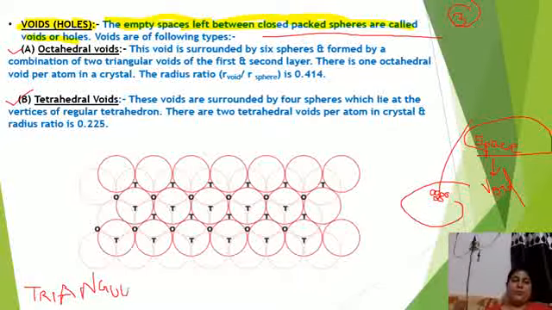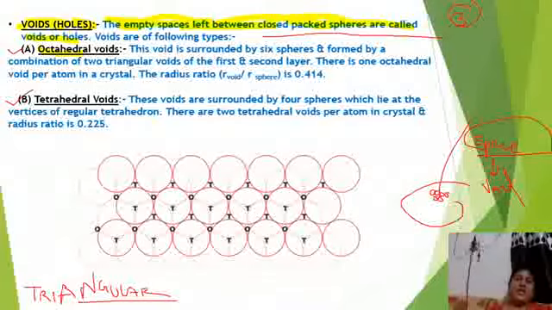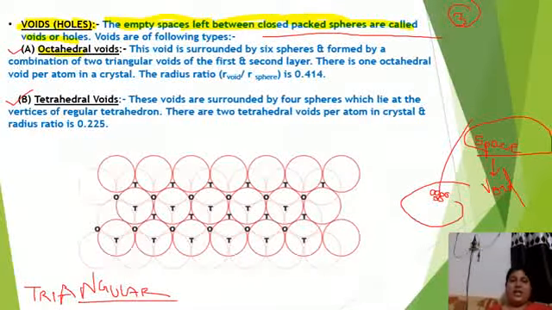Now we will understand about octahedral and tetrahedral voids. What are octahedral voids? Octa means 8. In this void, it is surrounded by 6 spheres. See beta in this figure. ठीक है?